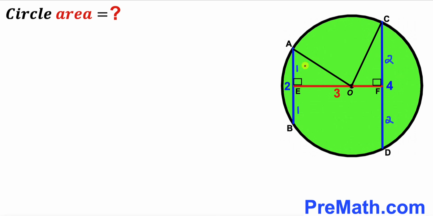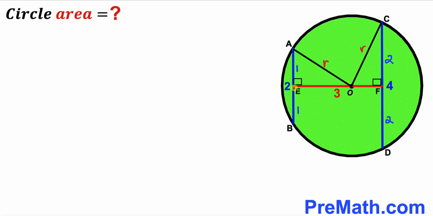As a result, we end up with these two right triangles. This is one right triangle and this is another right triangle. Now let's make an observation. We can see AO is the radius of this circle, so I'm going to label this one as lowercase r. Likewise, OC is the radius of the very same circle, so this is lowercase r as well.